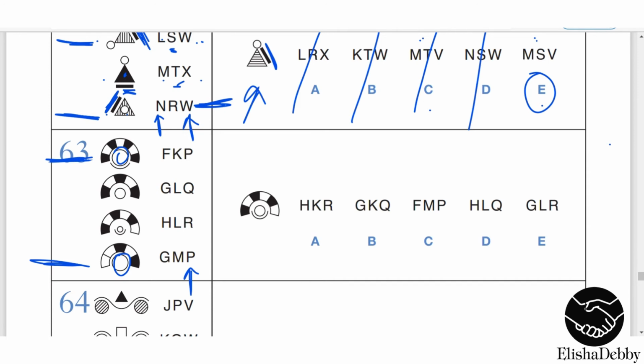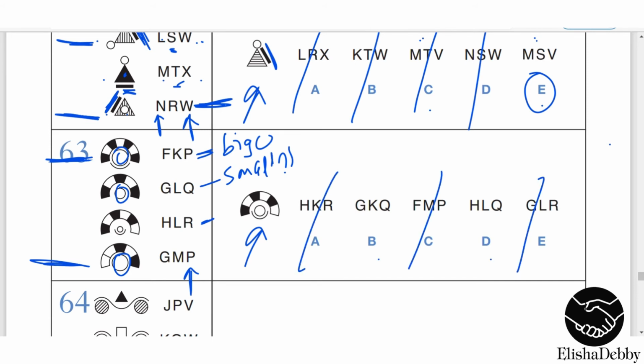When it's a big circle, the biggest circle is going to be a P. When it is a smaller circle, it's going to be a Q, and the smallest is going to be an R. So which one is the question? The question is a Q. So which one has a Q? B and D. So cancel that, and cancel that. And then I move on to the next one.